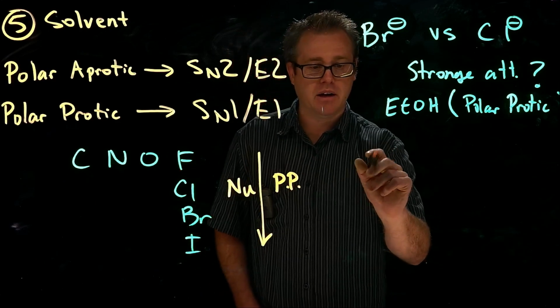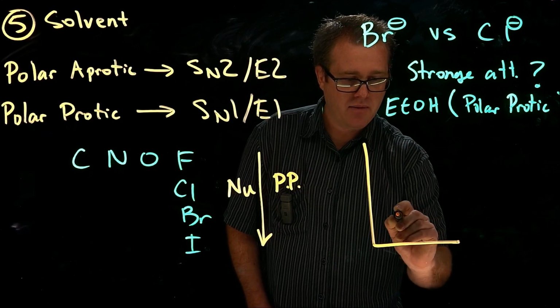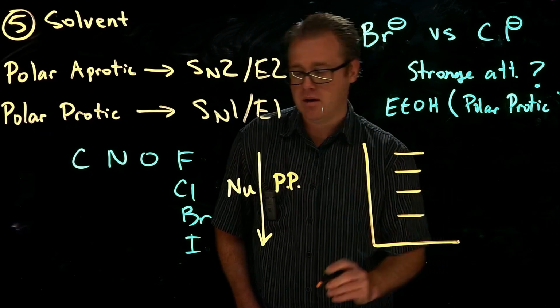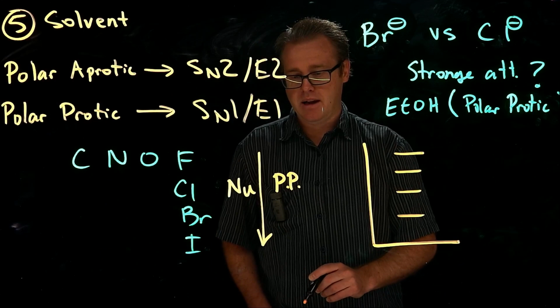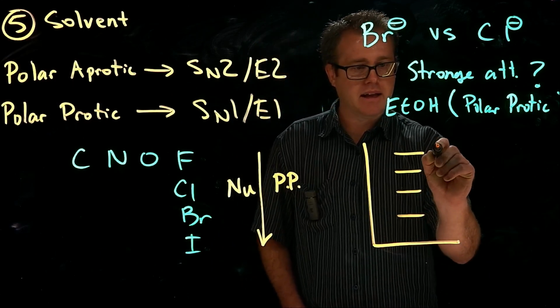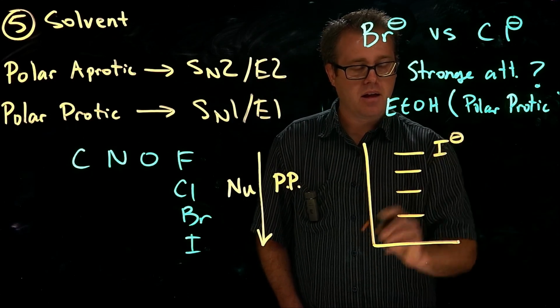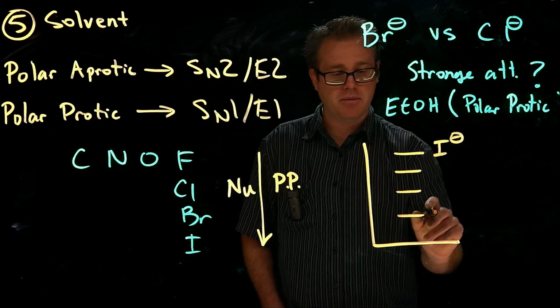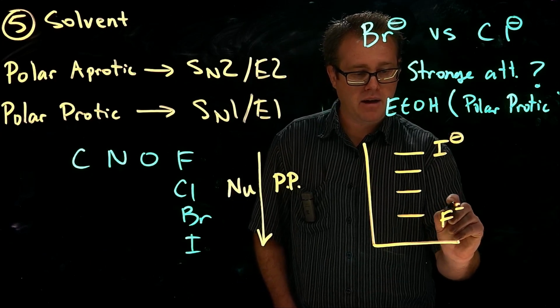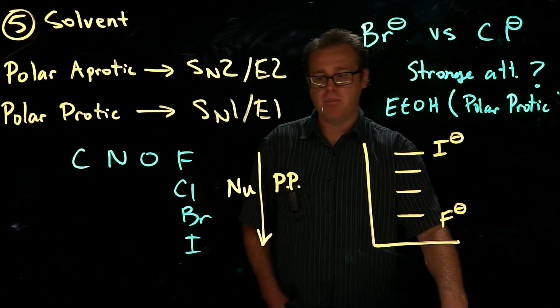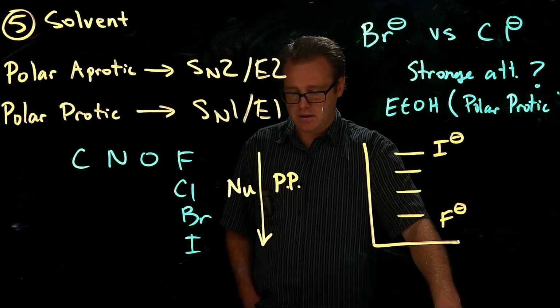So what we're doing is energetically, we have 1, 2, 3, 4. What we're going to see right here is that the iodide is at the very top and the fluoride right there is at the very bottom. Okay?